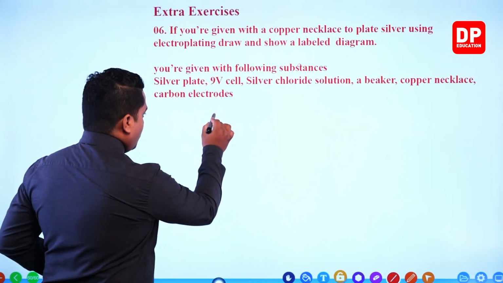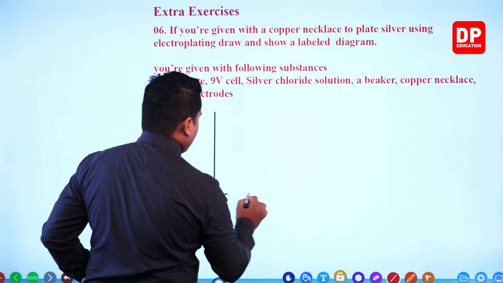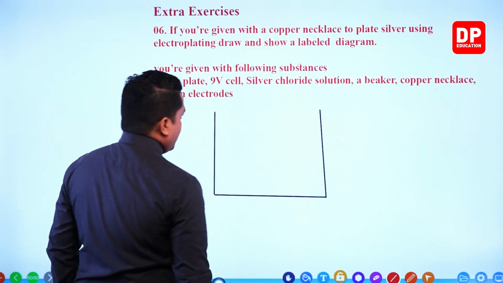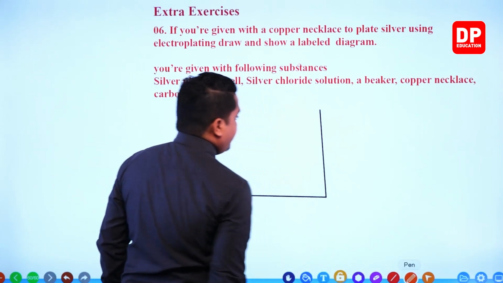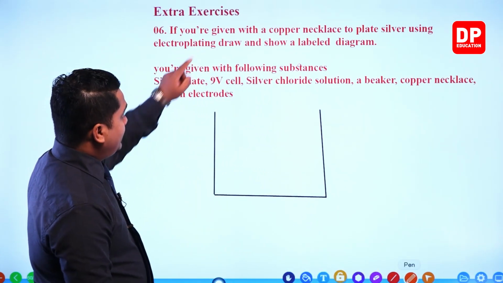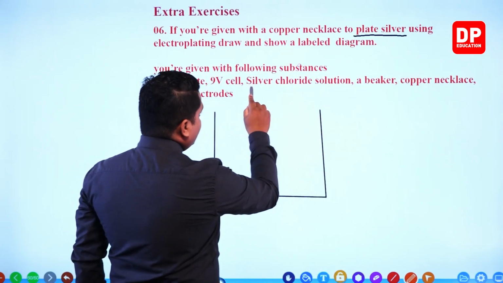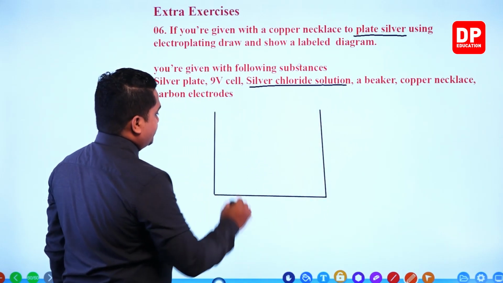So, first of all, we'll take the container, the beaker. Then you know that if you are plating silver, then we need to use this silver chloride solution.